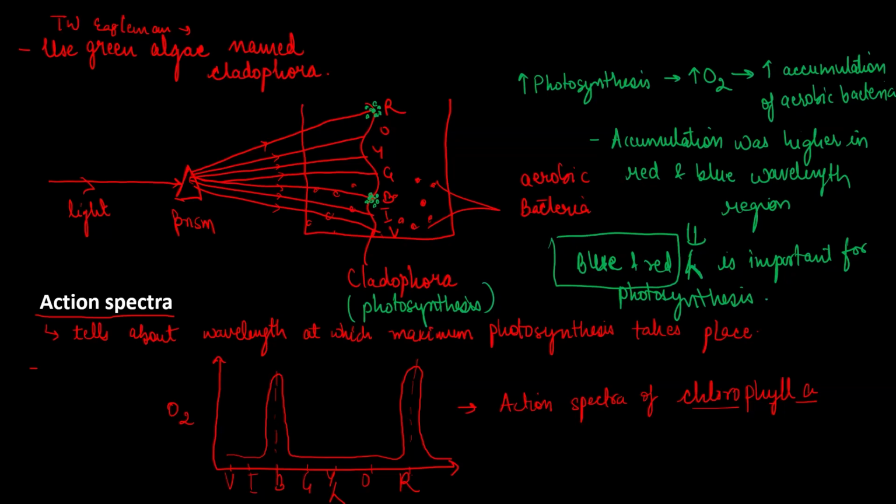The pigments present in the plant leaves absorb this light and lead to photosynthesis. So the action spectrum is of the pigments, and the action spectrum I have drawn here is of chlorophyll A. This was one experiment that proved what wavelength of light is important for photosynthesis.